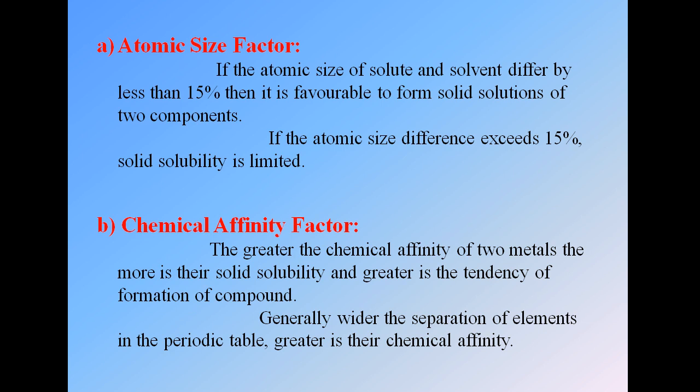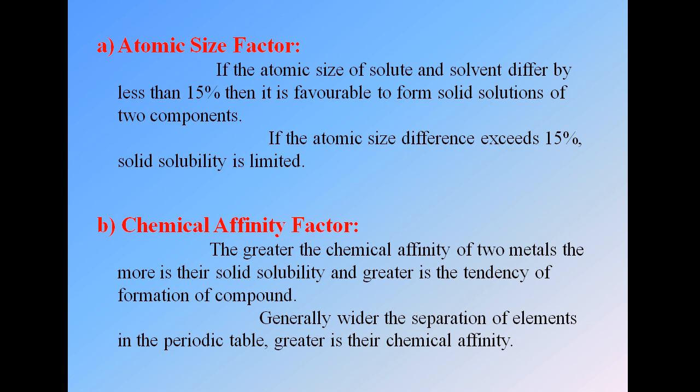Next, chemical affinity factor. Chemical affinity is nothing but the chemical attraction between the 2 metals. If chemical attraction is more, the solid solubility is more, and the tendency to form a solution is more. Generally, in the periodic table, the elements are placed widely.